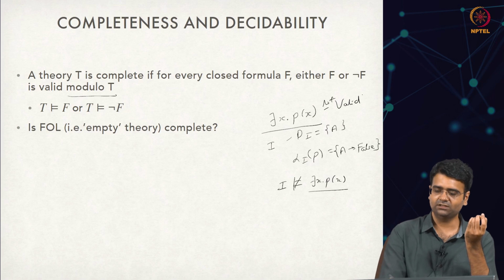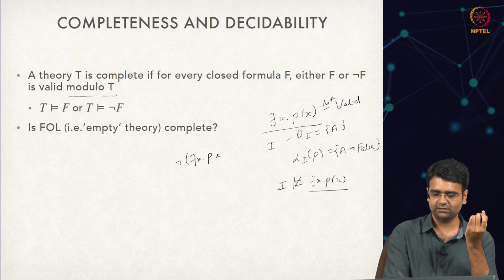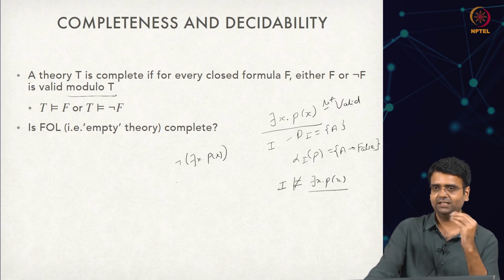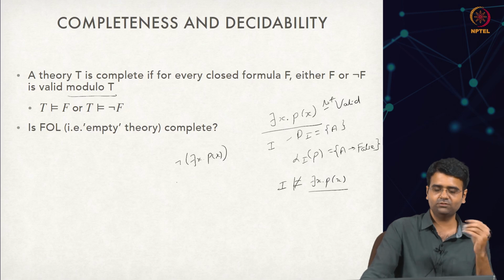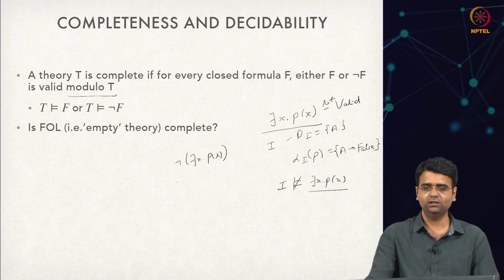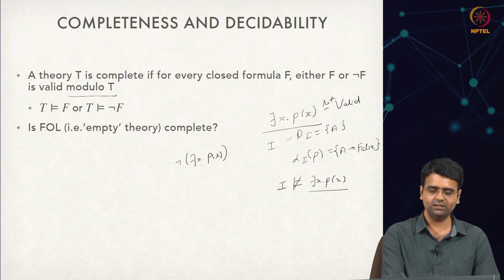What about its negation? If you take the negation of there exists x P(x), this formula is also not valid. Again, there is an interpretation which will falsify this formula, which means that interpretation is not going to be a model of this formula. Okay. So we have seen this equivalence last time: the negation of there exists x P(x) is equivalent to for all x, not P(x).